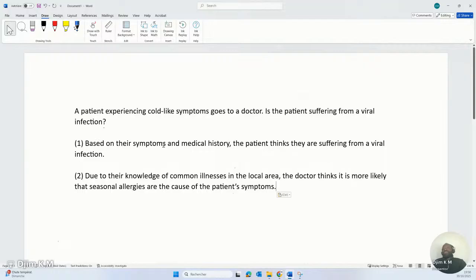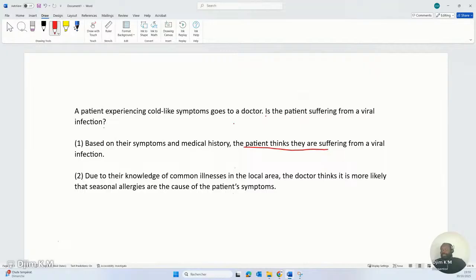So based on the symptoms, the patient thinks they are. The question says, is the patient? So I think the answer needs to be sure, like exact: is the patient suffering from a viral infection? If we say that the patient thinks they are suffering from a viral infection, should we take it as the correct information?